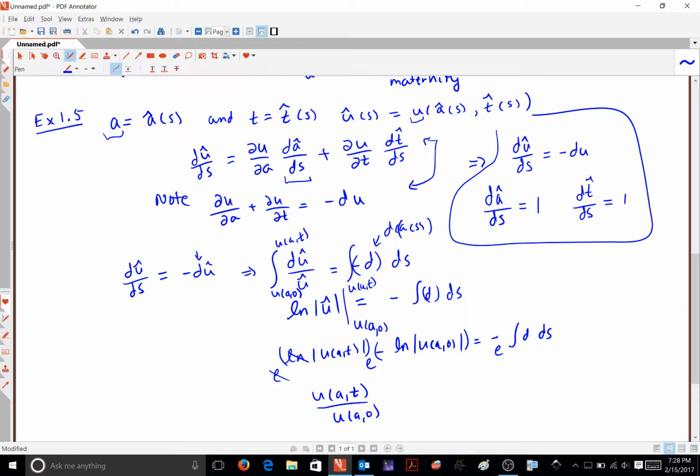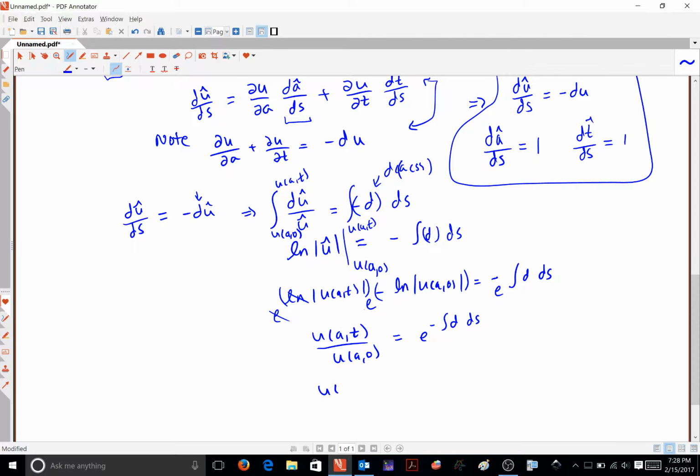It's positive, so we don't have to worry about absolute values or anything like that. Equals e to the minus integral d with respect to s. Multiply both sides by your u of a0, and you get u of at is equal to u of a0 e to the minus integral d with respect to s.